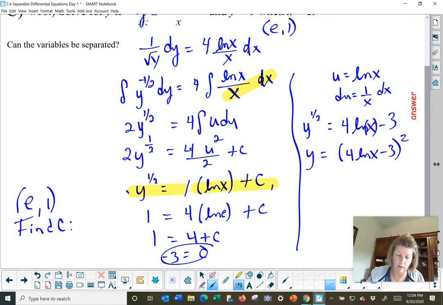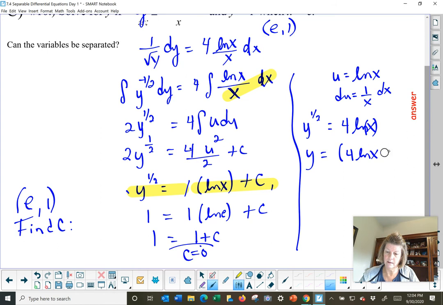This should be a 1. Woo. That should be a 1. e to the first is 1 times 1, and c turns out to be 0 in this case. Okay, then this is zeroed out, and this will get squared.